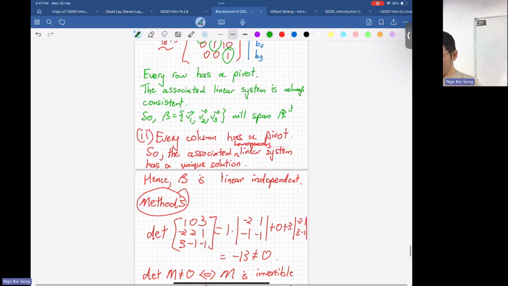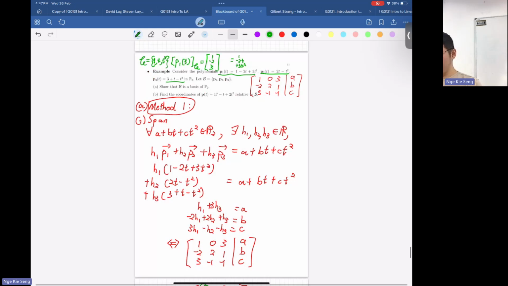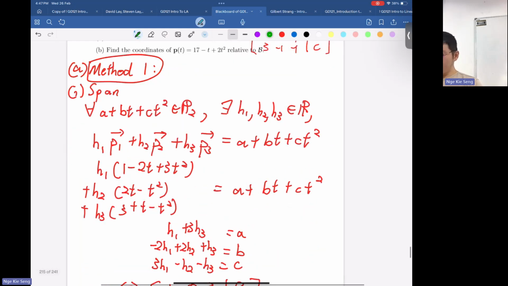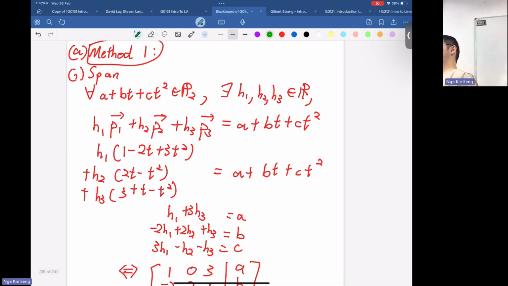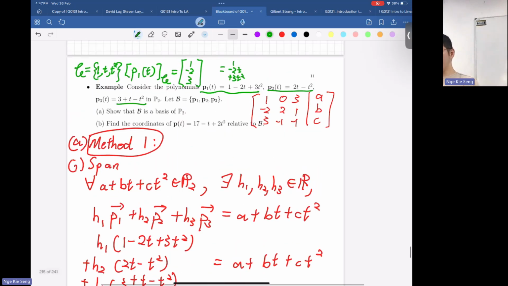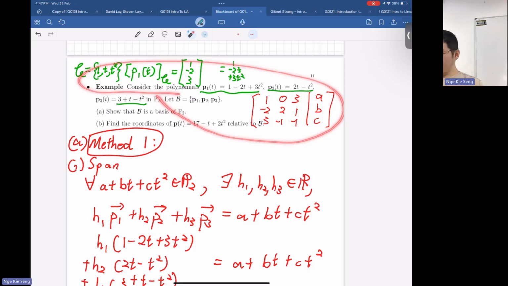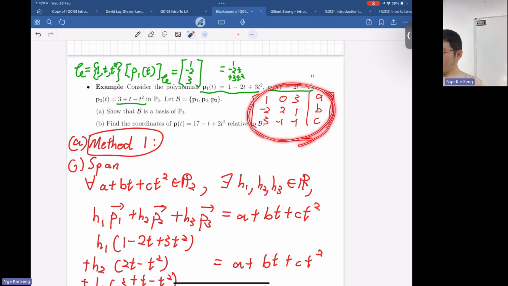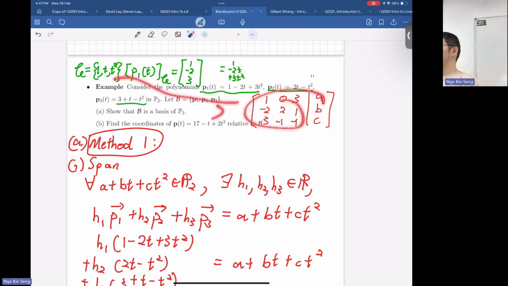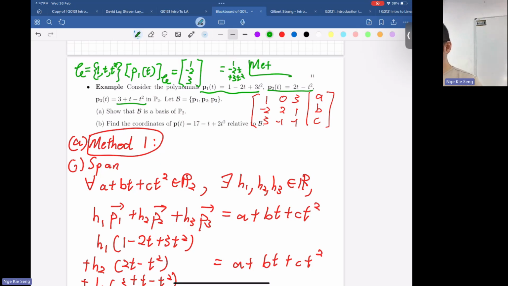So if you don't understand this part of theory, to be safe, you just go back to method 1, the definition. If you know what I am talking about, you can use method 2: cook up this matrix using a nicer basis. If you don't know, no need to use it.